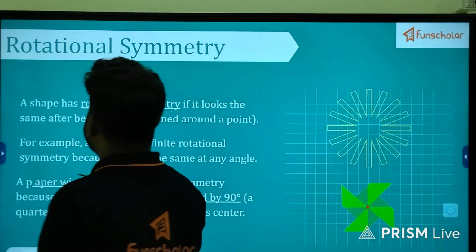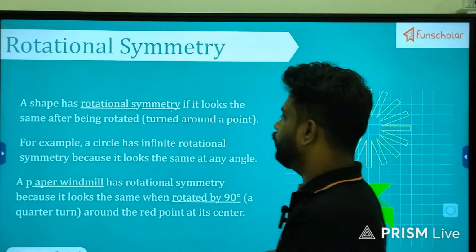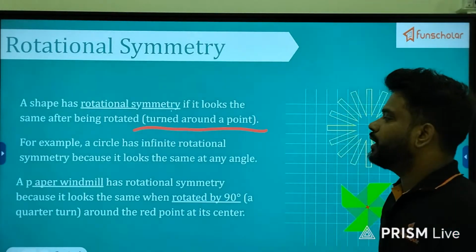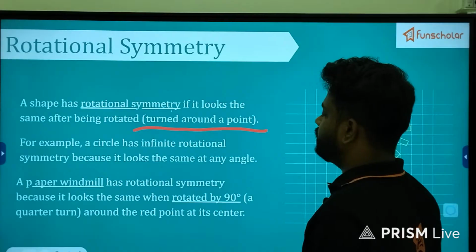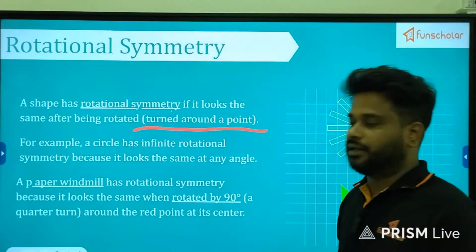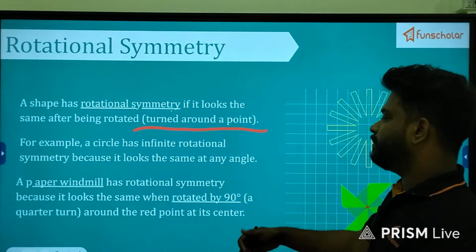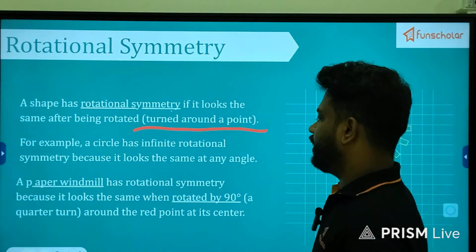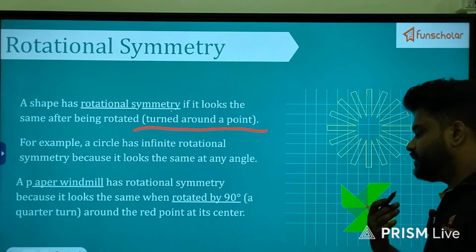A shape has rotational symmetry if it looks the same after being rotated or turned around a point. For example, a circle has infinite rotational symmetry because it looks the same at any angle. Okay, a paper windmill has rotational symmetry because it looks the same when rotated by 90 degrees, or a quarter turn, around the red point at its center.